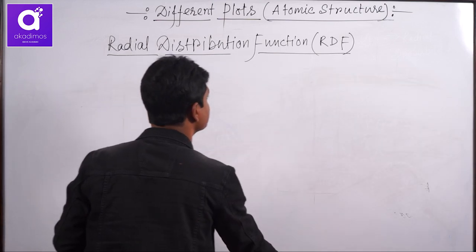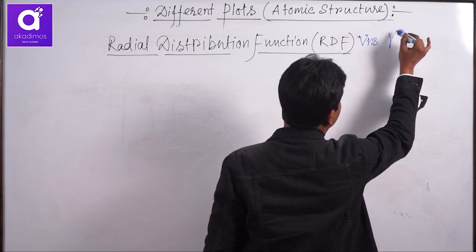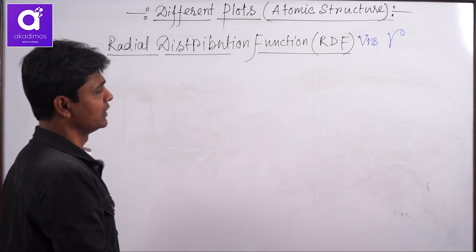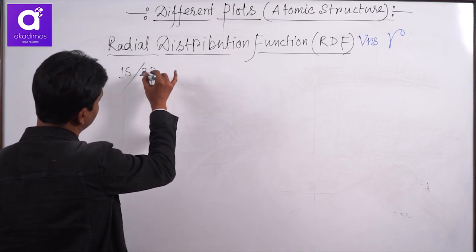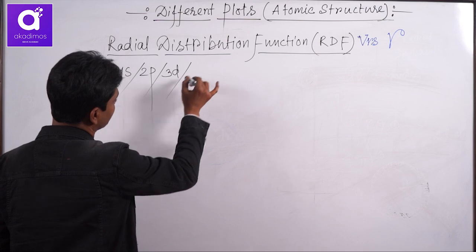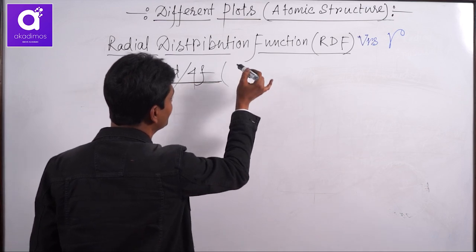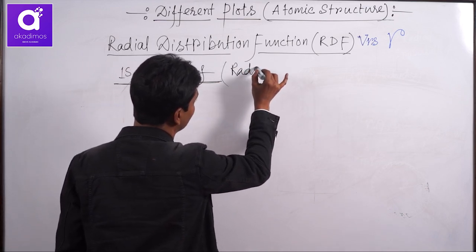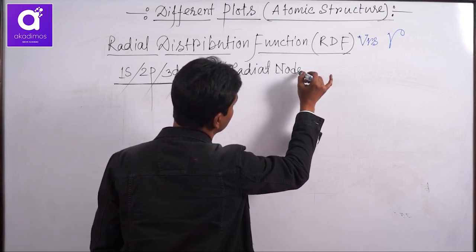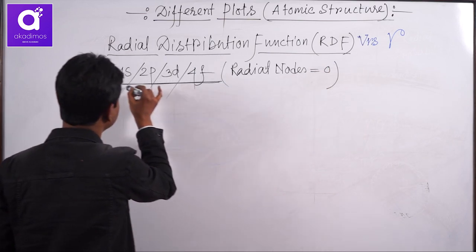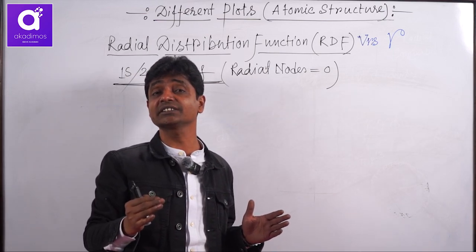See my plot, radial distribution function versus radius. 1s, 2p, 3d, 4f, all I have taken parallelly, since you know the number of radial nodes in all of them is 0. That means all will give the same nature of plot, radial distribution function versus radius.